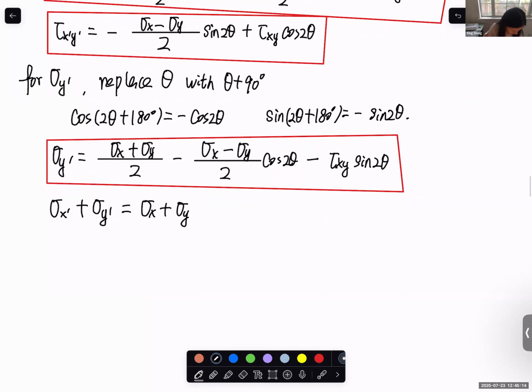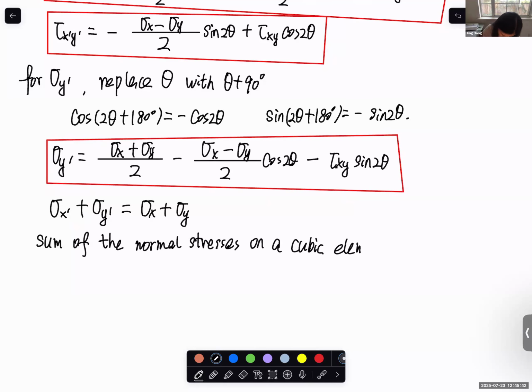Or I can write it as: the sum of normal stresses, in general for the 3D situation on a cubic element, is independent of the orientation of that element.